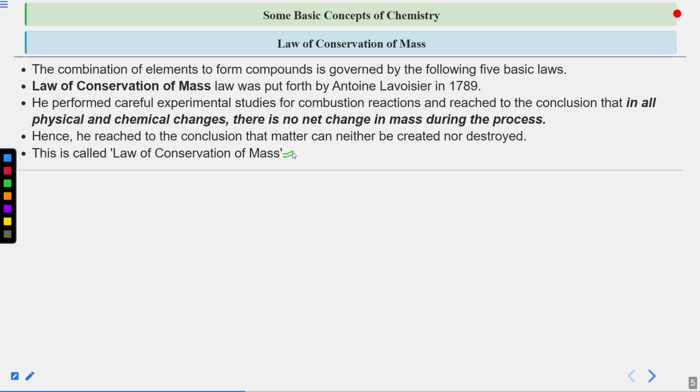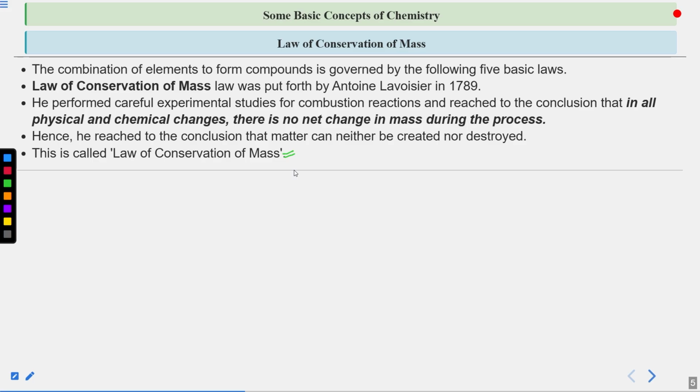If you move to further classes or you pursue science further, you will see that this law is invalid at some point for some reactions. And the reason is that some of the mass was converted into energy. You know the relation between energy and mass. It's the famous relation E equals mc squared, which says that your mass can be converted to energy.